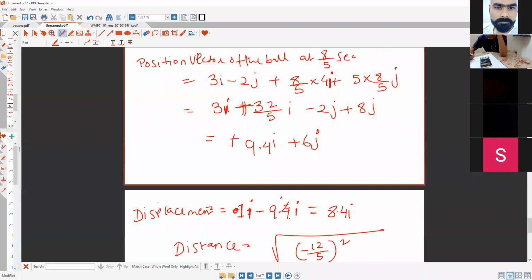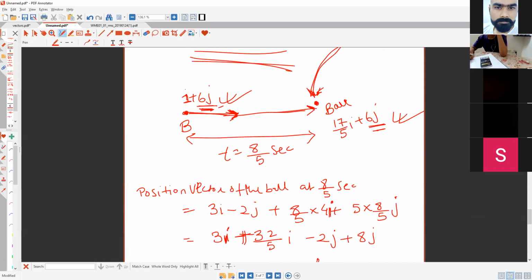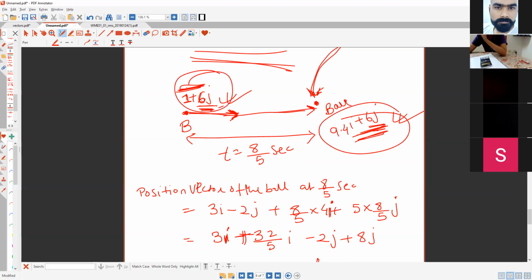Well, because if you subtract the boy's position before from the boy's position after 8 by 5 seconds, you will see there has not been any change in 6j. So if I subtract this by this, my answer will be 8.4i only. There has not been any change in the j value, because they are both east of each other.